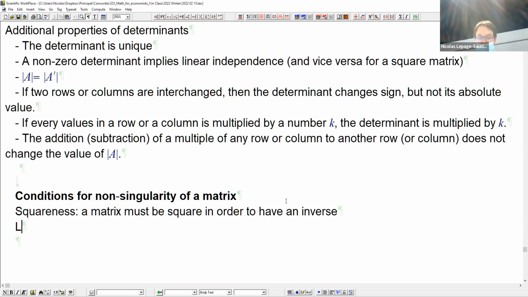And the linear independence. So I know we had this discussion before, but it can apply either to vectors or the rows of a matrix or the columns of a matrix. So it's rows or columns.